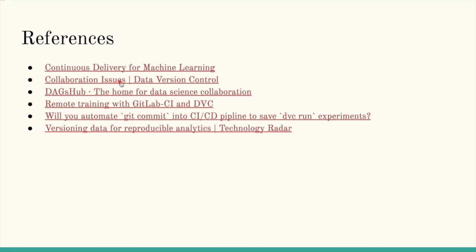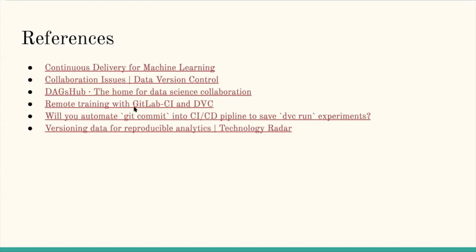Collaboration issues with DVC: DVC is evolving pretty fast. It is releasing new features day by day. DAGsHub is where we push our DVC experiments to compare. Remote training of models with GitLab CI: currently, these models are pretty small and I could train them on my laptop.